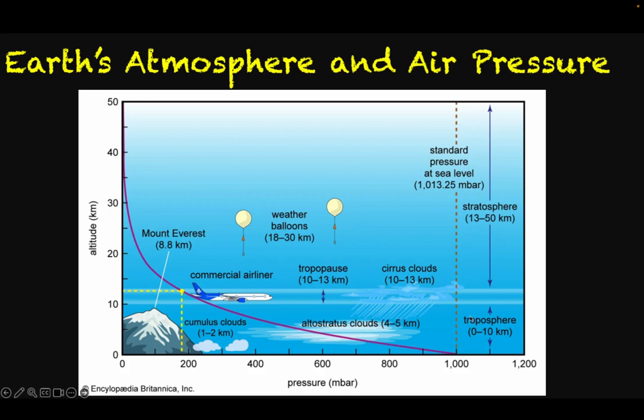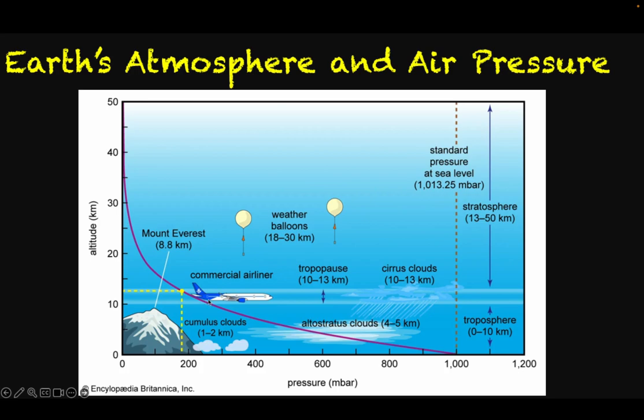Then as you start gaining altitude, with altitude here on the y-axis, it starts looking like a linear relationship between pressure and altitude, but then it starts curving upward. This is the typical thing that you see with logarithmic relationships.